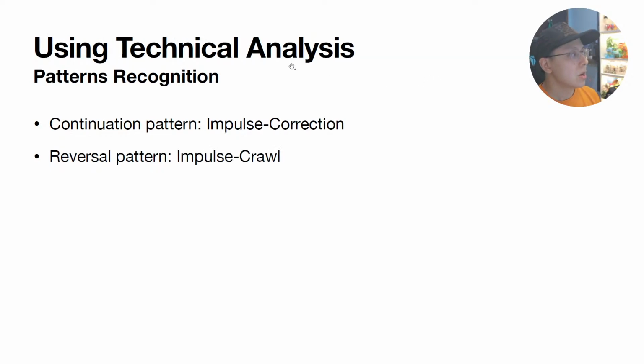With technical analysis, I want to introduce you to a principle of impulse and correction. This principle comes from the Elliott wave theory. For those of you who are very new to Elliott wave, it's a very powerful technique to do forecasting.